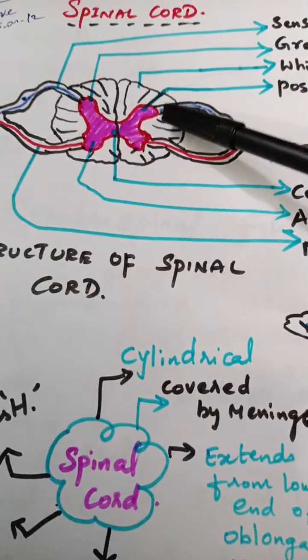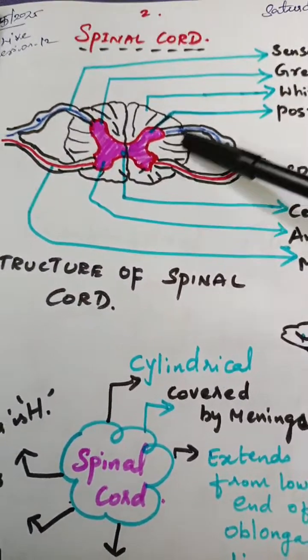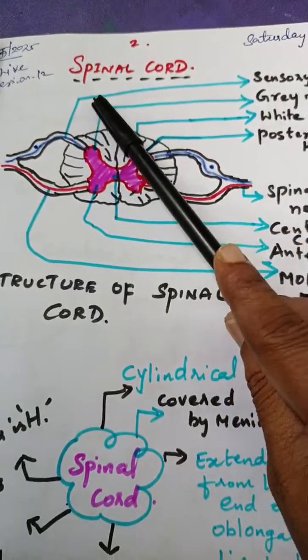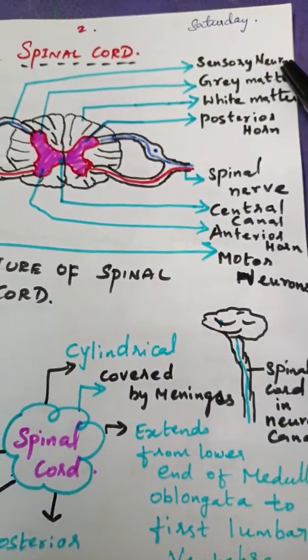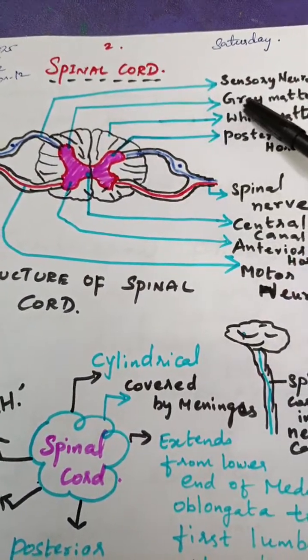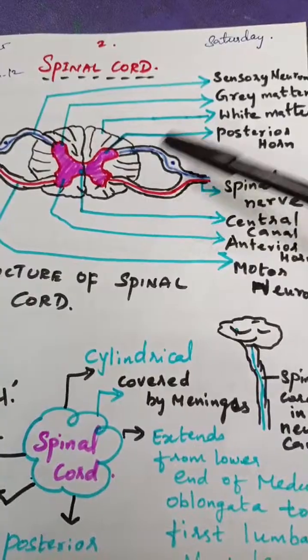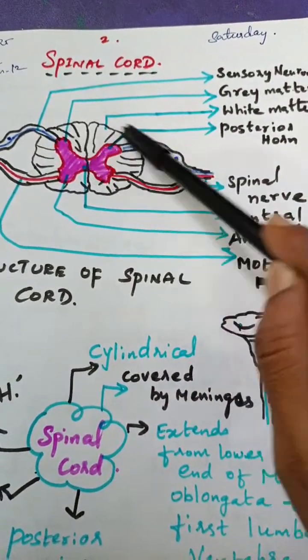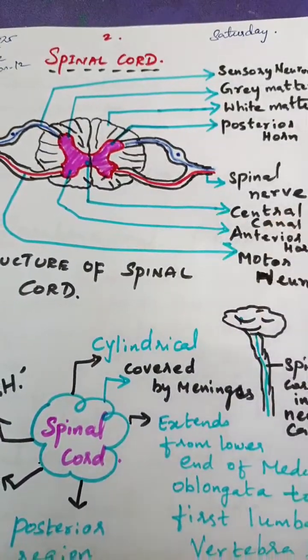So today we have the gray matter H-shaped structure. If you look at this, you will understand the H-shaped structure, and you have the sensory neurons attached to the spinal cord. This is the gray matter, which is the pink shape I have shown you, and the white matter is the outer covering of this H-shaped gray matter.